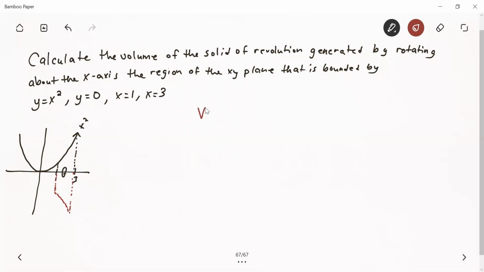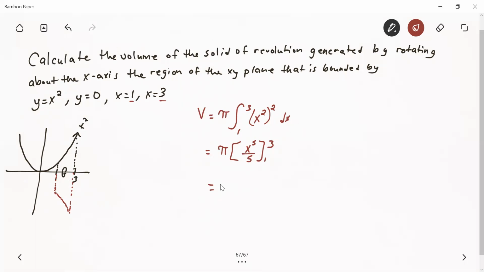So the volume is equal to pi times the integral from 1 up to 3, and that's our hint, x equals 1 and x equals 3, of our function x squared, quantity squared, dx. We have one function, we square it, and then evaluate from our limits, 1 up to 3. So pi times, well, x squared squared is x to the 4th, so when I undo that, it becomes x to the 5th over 5 from 1 up to 3.